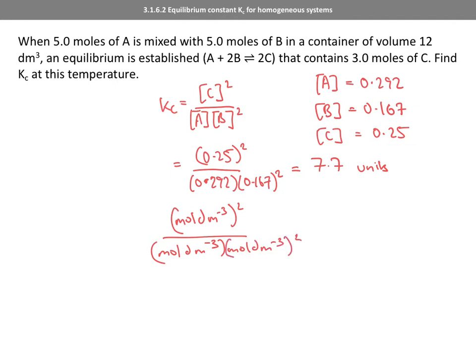So we can cancel out the 2 moles per decimeter cubed squared. So that equals 1 over moles per decimeter cubed. Then we reverse the signs, so moles to the -1 decimeters cubed. So our final answer is 7.7 moles to the -1 decimeters cubed.